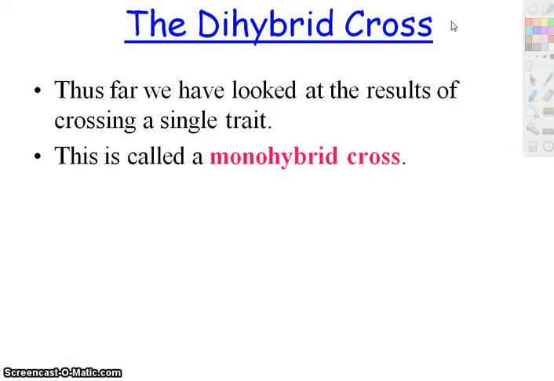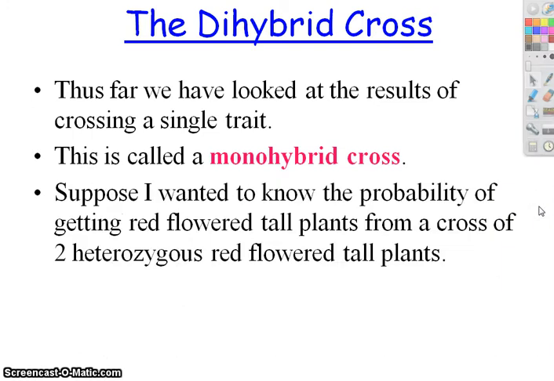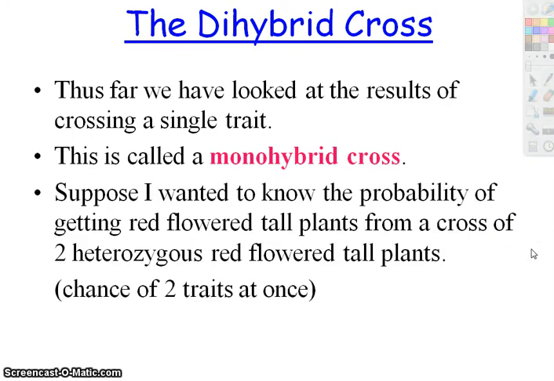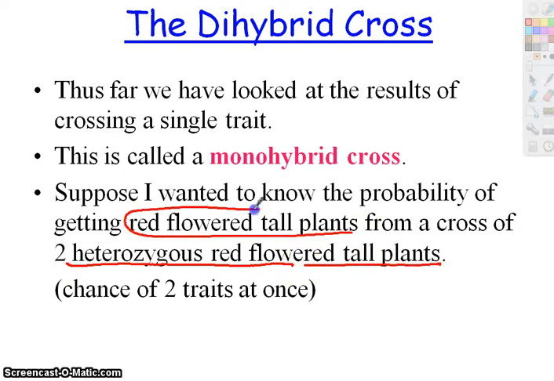However, sometimes you will be asked to do a cross where they want to know what kind of results you would get for two traits at the same time. Meaning, what if I cross red flowered tall plants, two plants that are heterozygous for red flowers and heterozygous for tall, and they want to know what are the chances that you'll get some offspring that are also red flowered and tall.